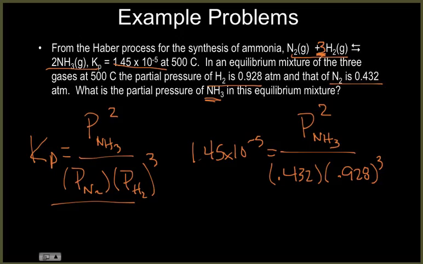So if I rearrange that and solve for the pressure of NH3, don't forget to take the square root of it because it's squared, I end up with 2.24 times 10 to the negative third, and the unit for this one is atm because we're solving for a pressure. So this is not the K, this is a final pressure.